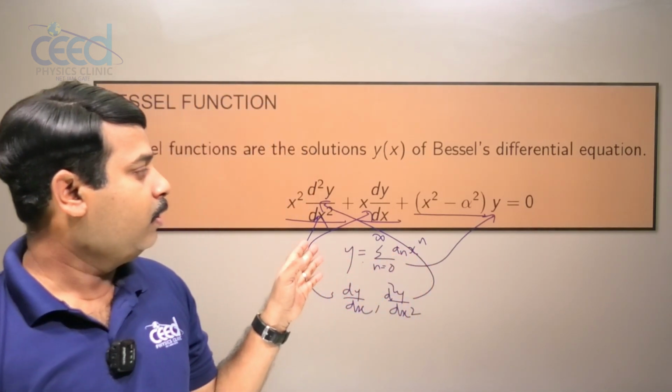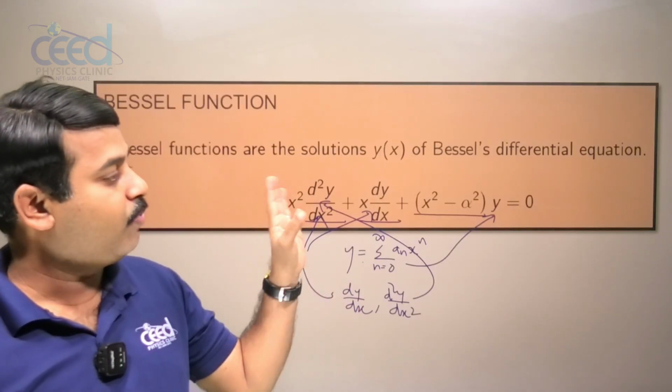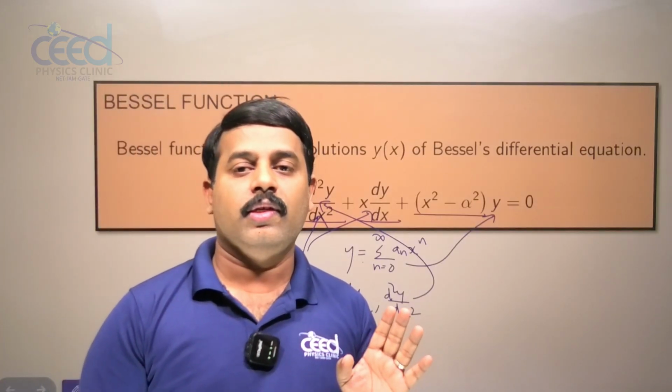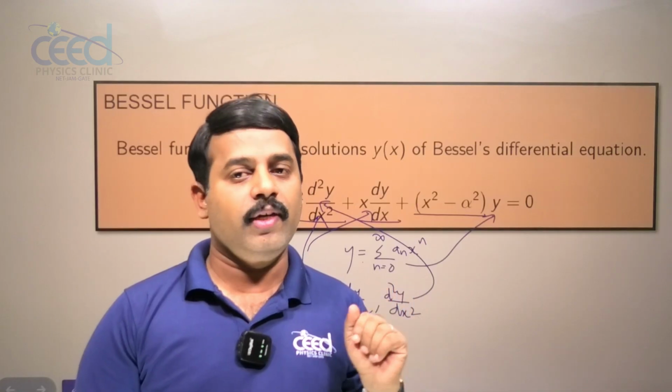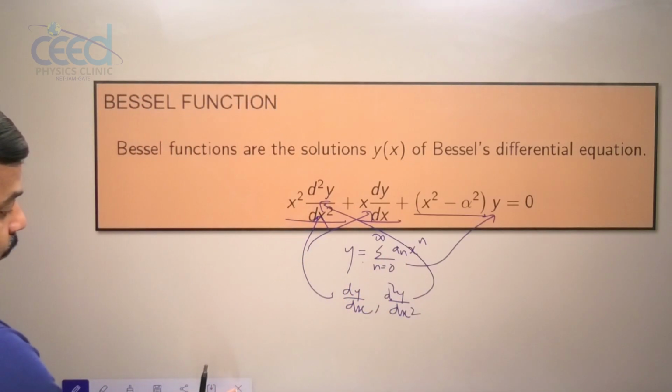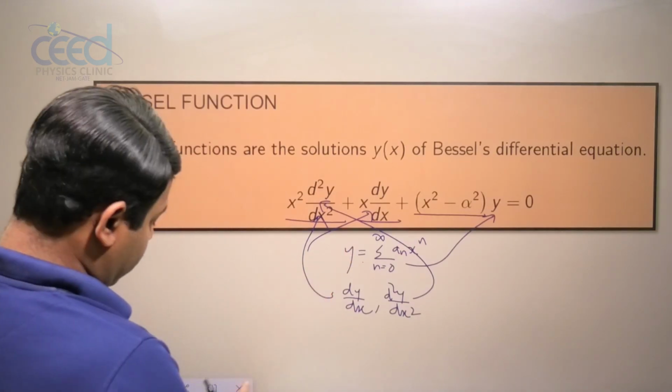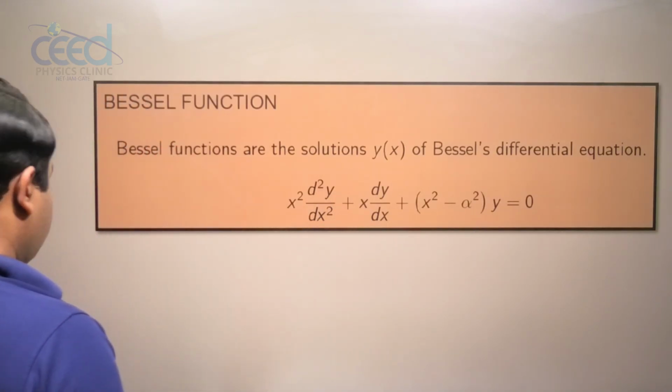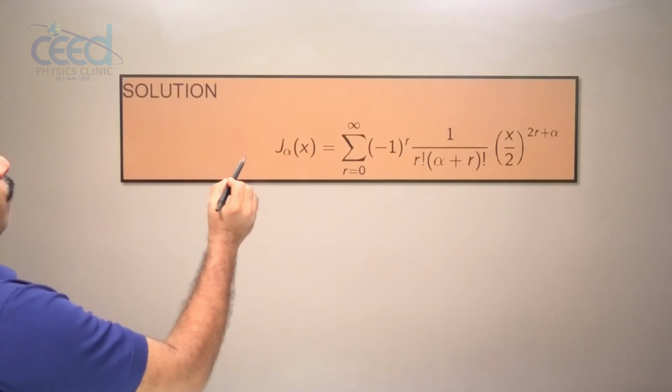For the time being, we are not considering this substitution and finding the solution. We need the final solution. The final solution of this differential equation is J alpha of x.